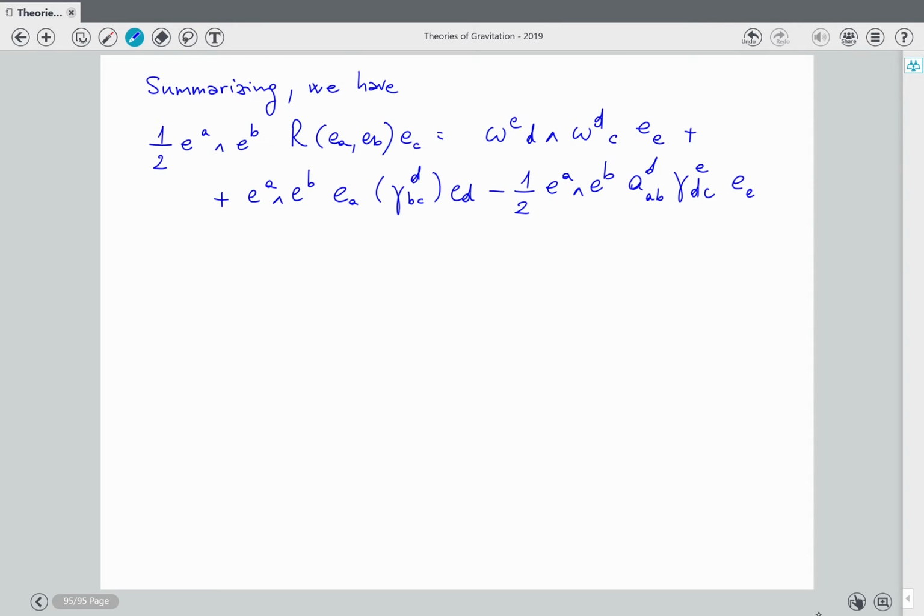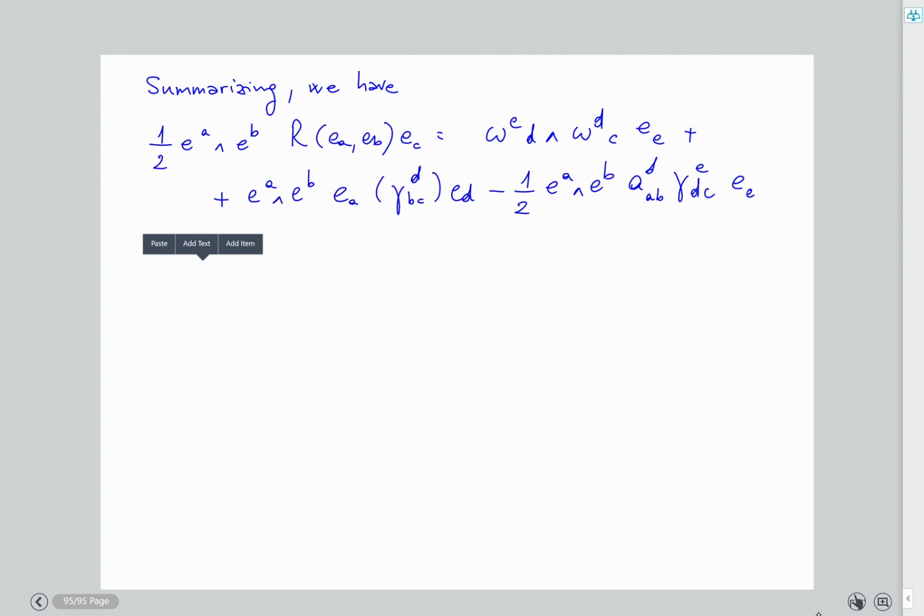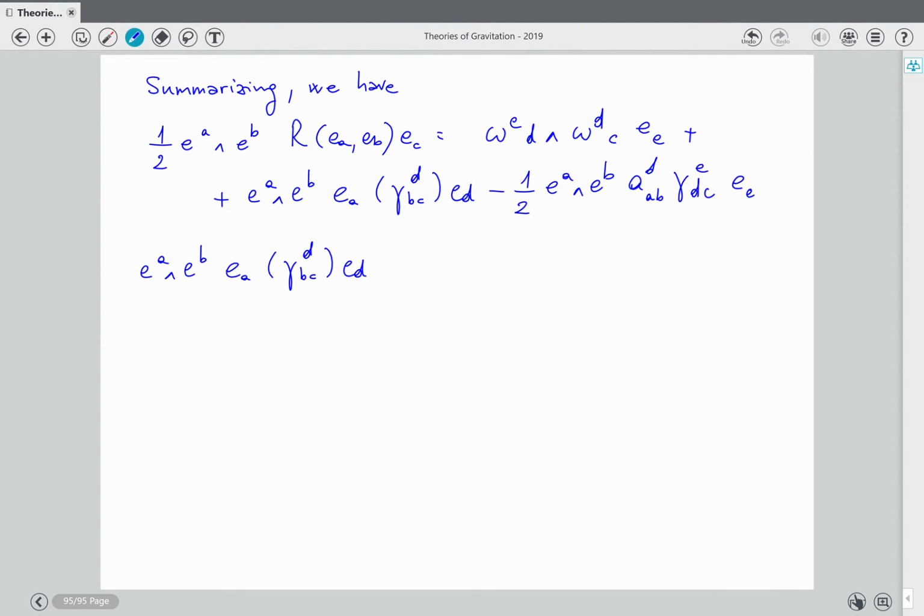So the first thing we computed was this, and we could show that this is equal to d omega dc ed minus gamma dbc d eb ed.